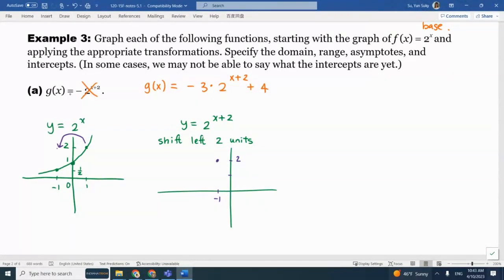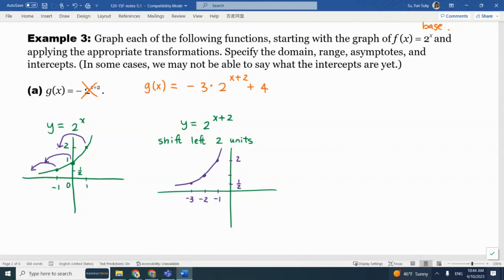Okay, how about the next point? If you shift to the left 2 units, you get minus 2 and 1. And the next point, you shift to the left 2 units, you get minus 3 and 1/2. And then you connect them.